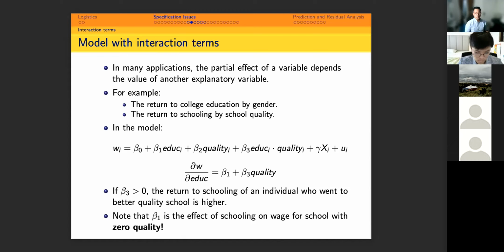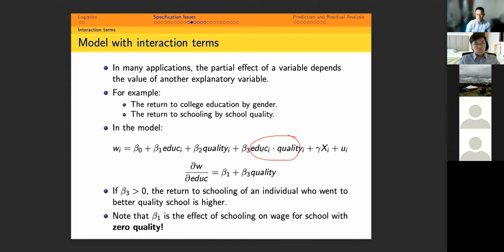If we'd like to know whether the return to schooling differs by school quality, what we can do is interact education and quality. What I mean by interact is that I create a new variable, which is the interaction between education and quality, and then I use the interacted variable in the regression model.